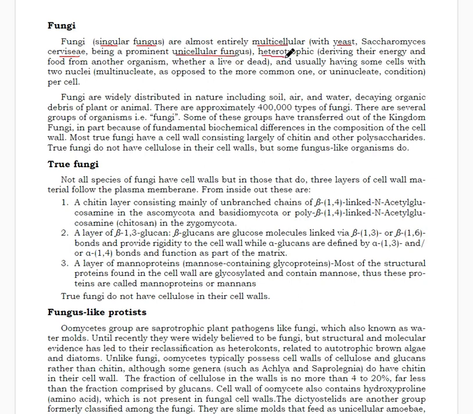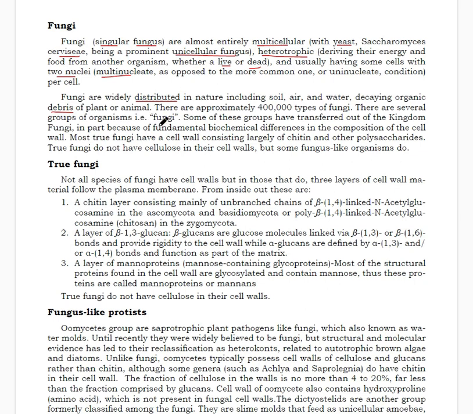They are heterotrophic, meaning they derive their energy from another organism, which can be live or dead. They have cells with two or more nuclei, multinucleate or uninucleate per cell. They are widely distributed in nature, be it soil, air, water or organic debris, and there are several types of fungi.